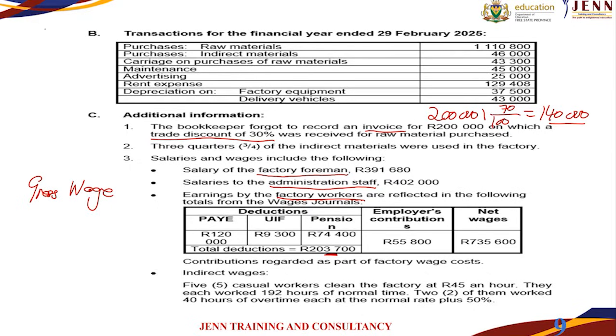Now we are going to say the net wage, which is 735,000, plus we take it back to the original amount, plus the deduction. So the total deduction is 203,700. Now, once we add them together, they will give us a gross wage. And then now, remember, I said to you, we also have to look at the employer's contribution, if it's there.